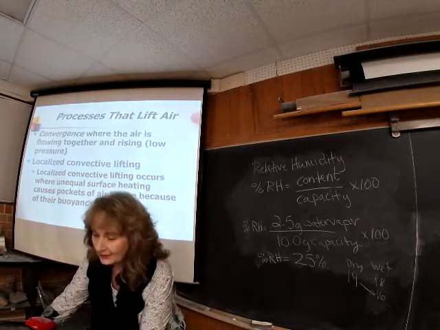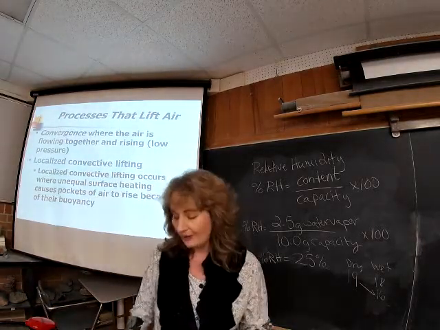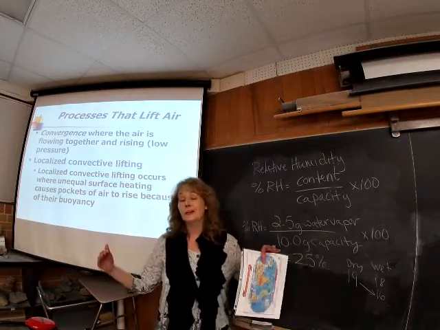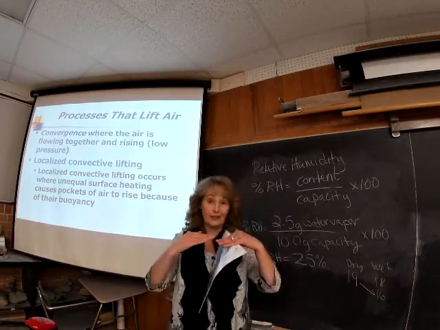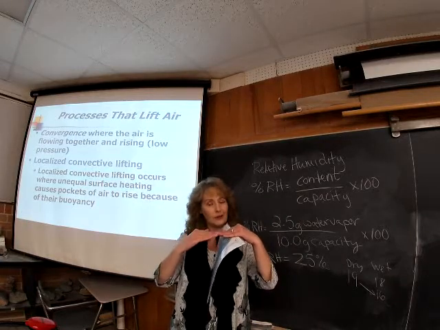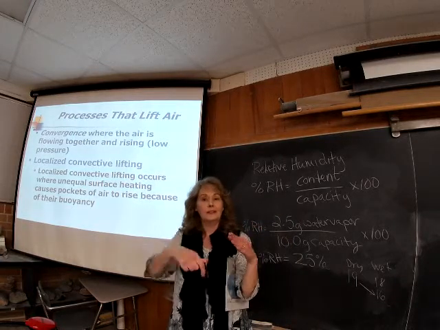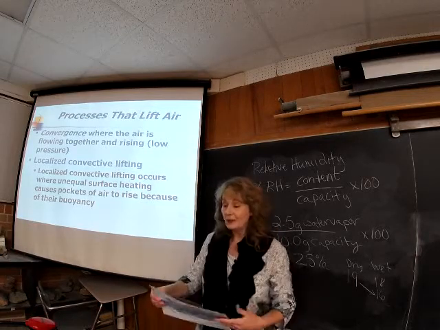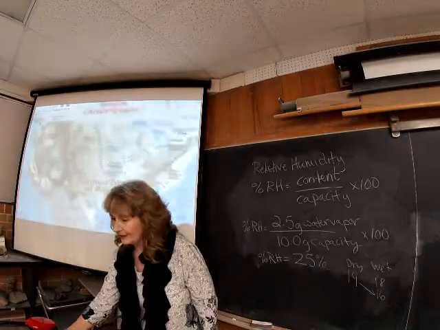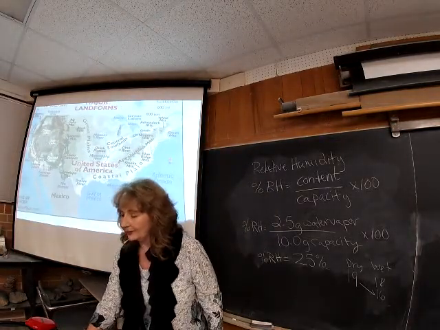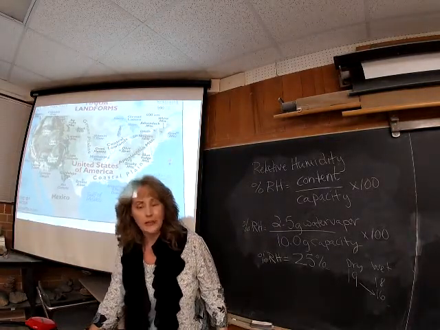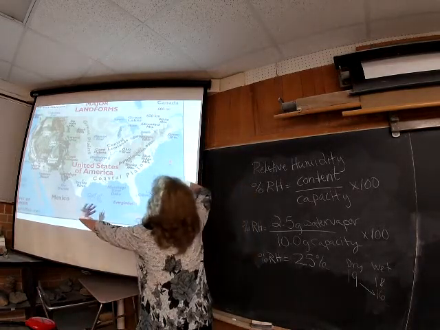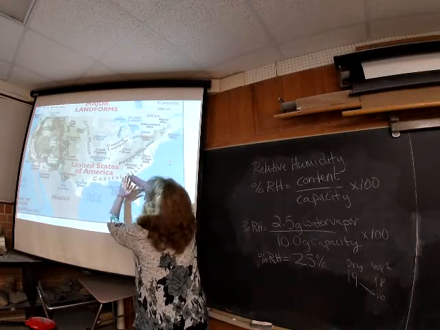Another way we can get air to rise, a scenario off over, see if I can find my map, where air is getting kind of converging together, being kind of forced to come together. Well, it actually can't go down into the land when the air gets forced together, so it rises. And so we see this out over, it's very common, out over the peninsula of Florida. So the air is coming off the Atlantic Ocean, it's coming off the Gulf of Mexico, and it converges, and it will converge up.